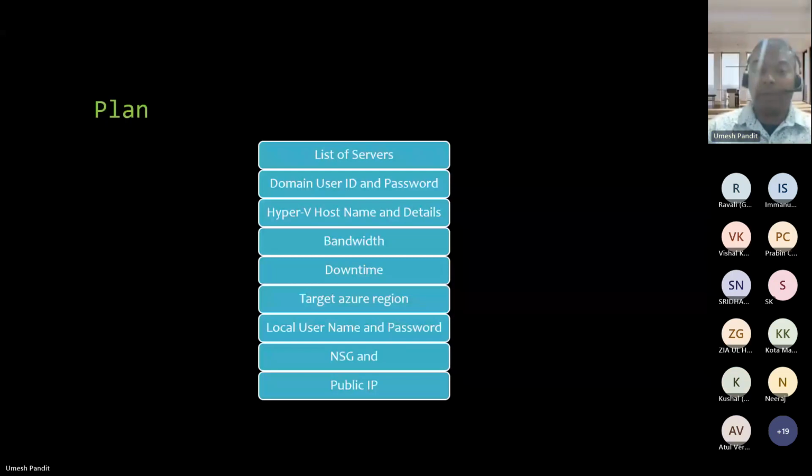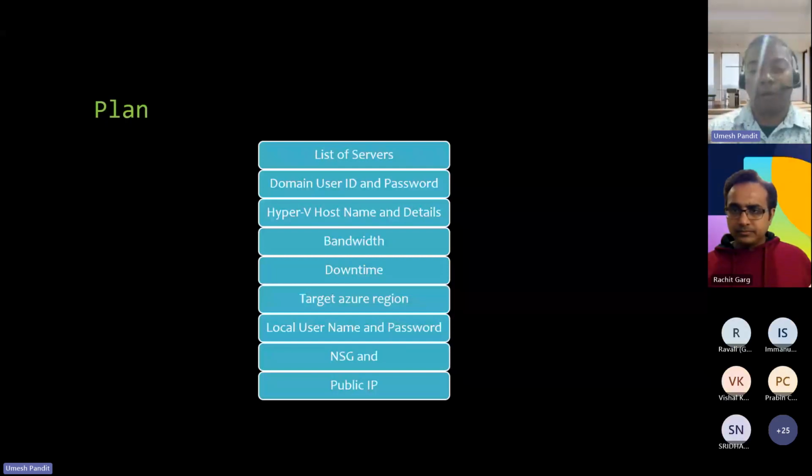While migrating, when you press the button for replicate, I will show you in Azure how it works, you need to be absolutely sure that you have created a local admin account with a proper password, and the password is set to never expire. It is like a service account you create in the old school days.